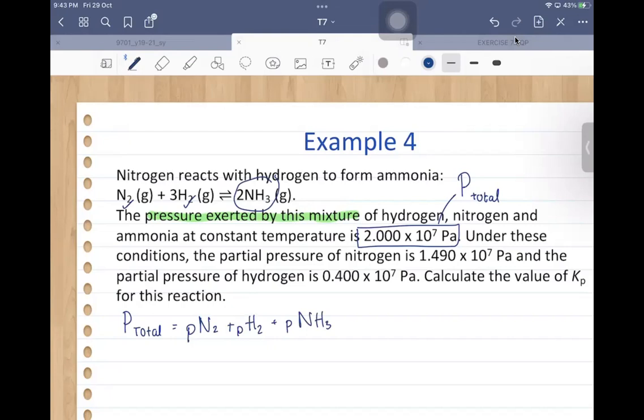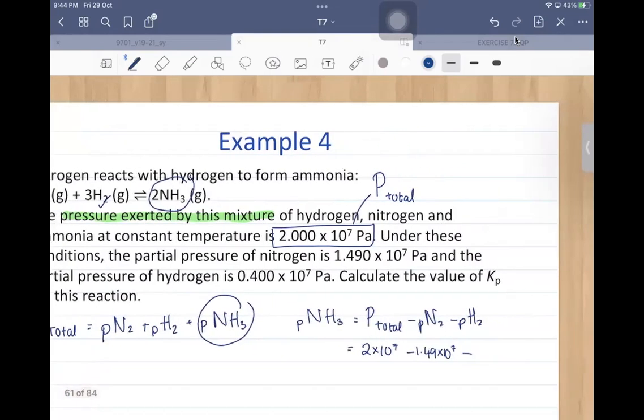So if we want to find partial pressure of ammonia, PNH3, we have to take the P total minus P nitrogen minus P hydrogen. So that's 2 times 10 to the power of 7 minus 1.49 times 10 to the power of 7 minus 0.4 times 10 to the power of 7 Pascal.